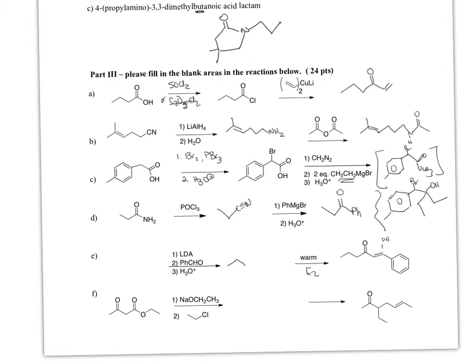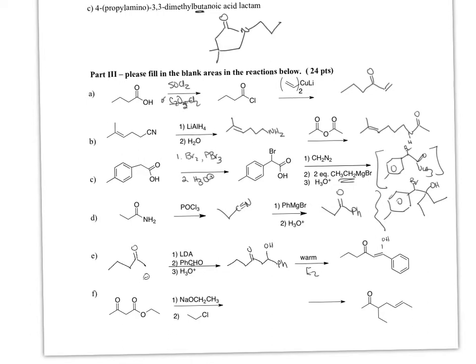So I'm going to draw that. And just to save room, I'm going to call that a phenyl group. So that is this starting ketone right here, which then I form the anion on, and that attacks the aldehyde carbon and gets us that alcohol.